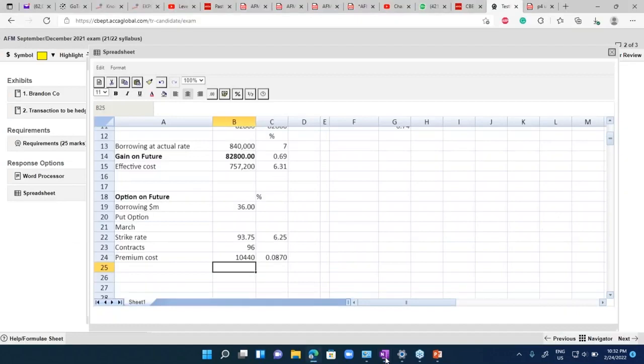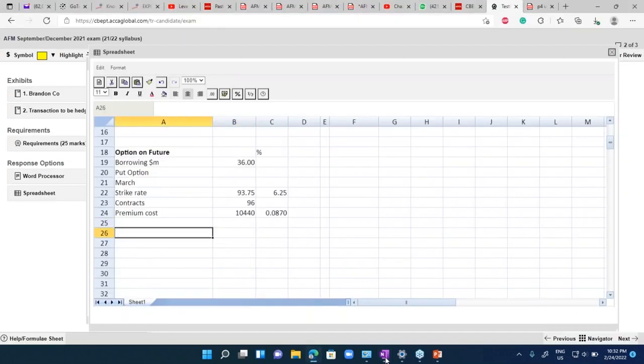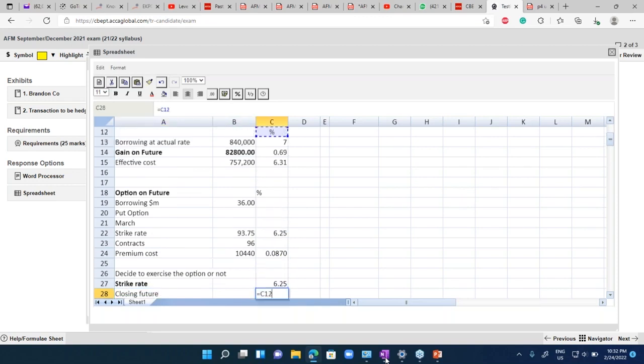Premium cost. Now decide to exercise the option or not. Write the strike rate. You have booked that you will pay 6.25, but market moves to, what is the closing future? Market moves to 6.74, right?